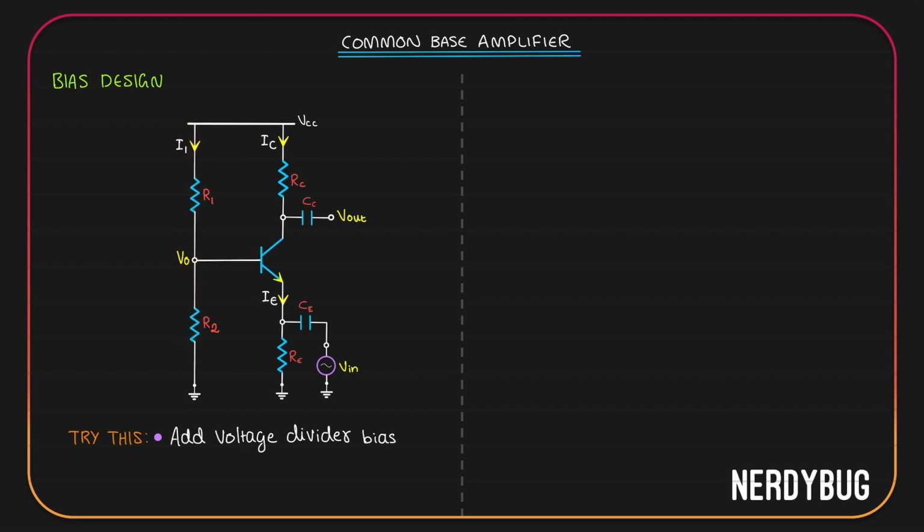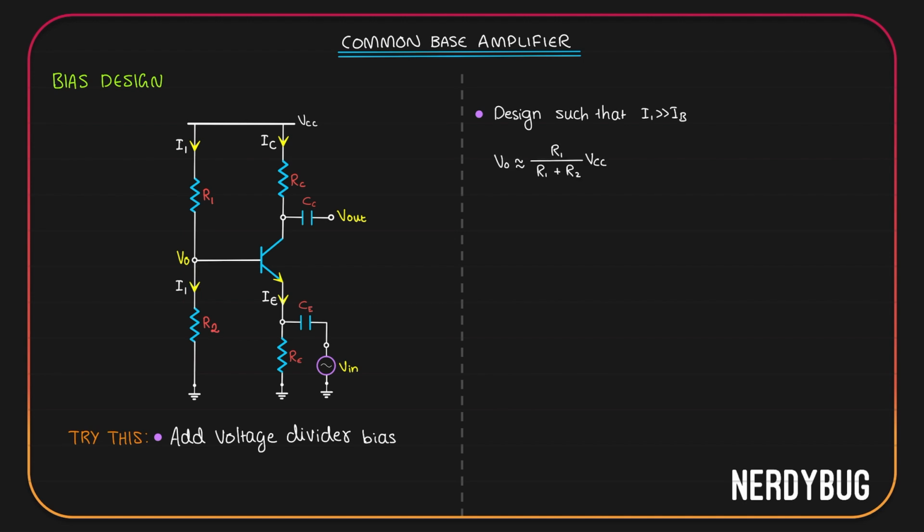But for proper voltage division, I want almost all of the current I1 to pass through R2. That is possible if IB is very much lesser when compared with I1. So we have to design the circuit such that I1 is very much greater than IB. So we can say almost all of I1 will pass through R2. So the current through R2 is also taken to be I1.